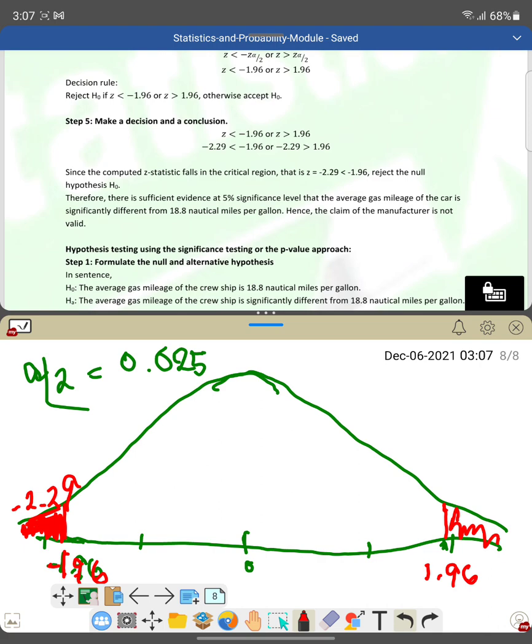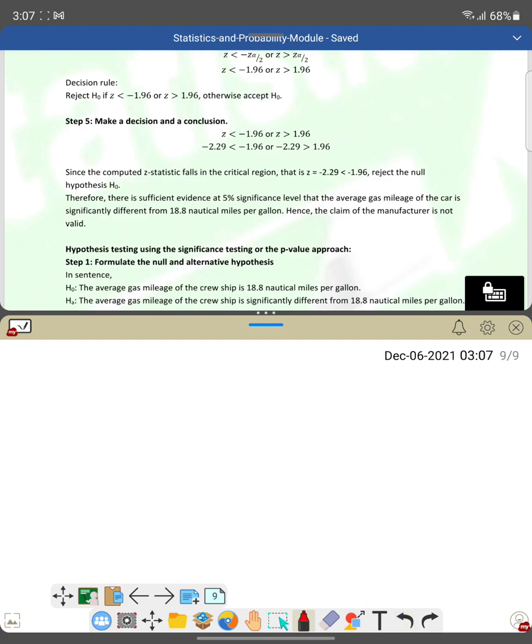So as you can see, since this is already part of the rejection region, we can make a conclusion that we need to reject the claim of the ship owner that the average gas mileage of the ship, or the nautical miles per gallon, is 18.8.